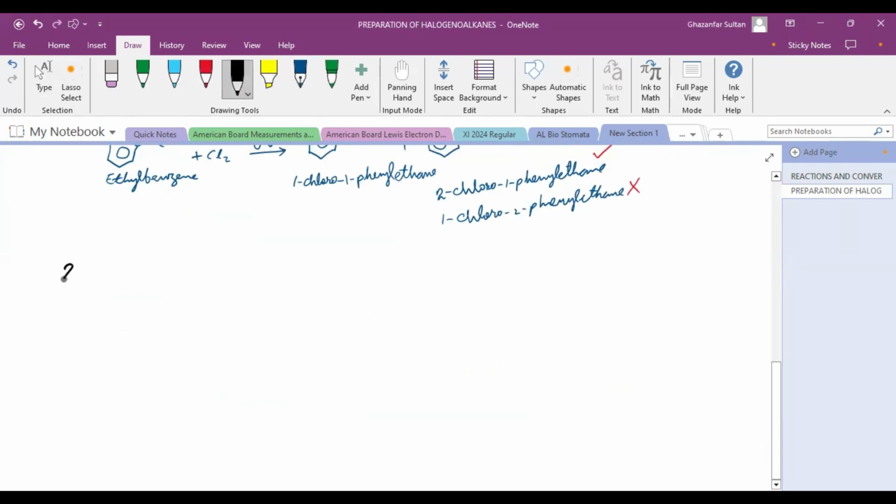The second method for preparation of halogenoalkane is the electrophilic addition of halogens to alkene.